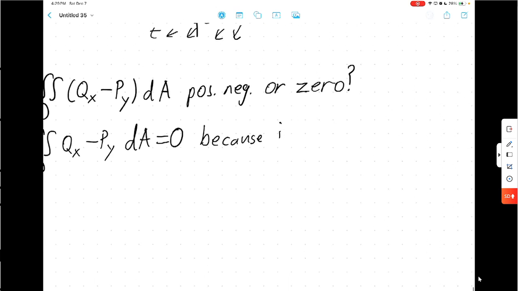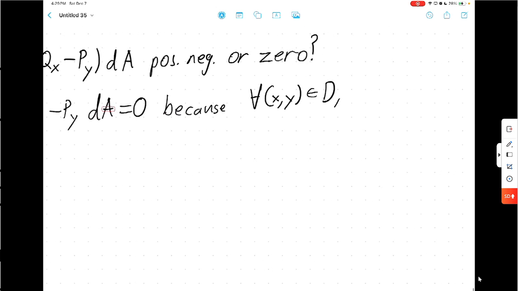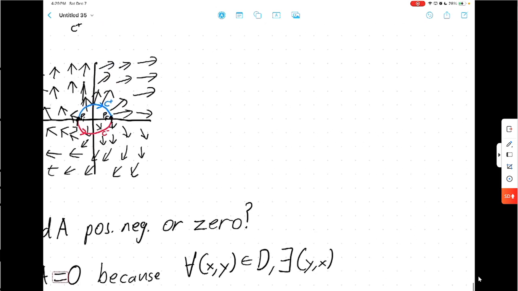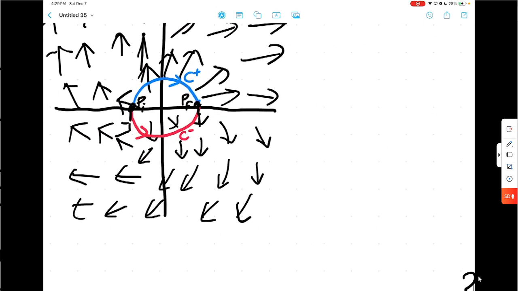Okay. So for all points x, y in the region D, there exists a point, this is reflected across x equals y, I think.